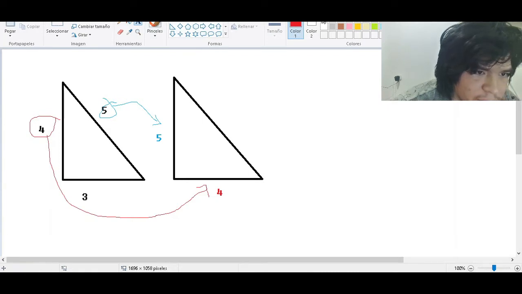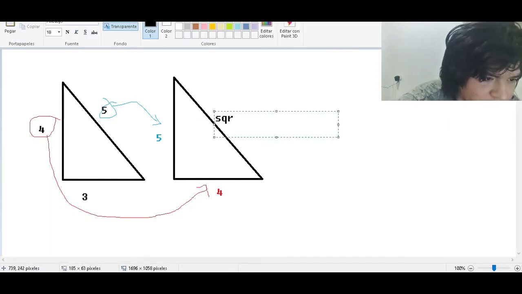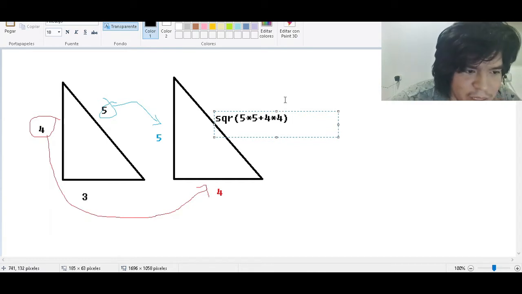And then we can note that the hypotenuse, since this is a right angle triangle, should be the square root of 5 times 5 plus 4 times 4, because that's how we calculate the hypotenuse. And we're going to call this, I don't know, b.